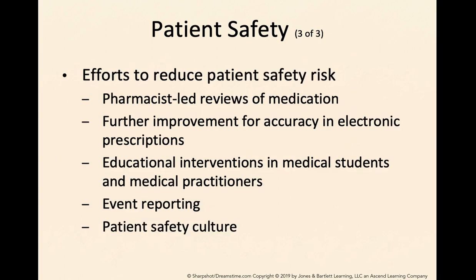So what are the ways that are put in place to reduce the risk for patient safety? So what are the efforts that are put in place? One would be pharmacist-led reviews of medication, not just by the physicians, but the pharmacists who are experts in this. Improving accuracy of electronic prescriptions. One additional zero, for instance, in a dosage could be fatal to a patient.